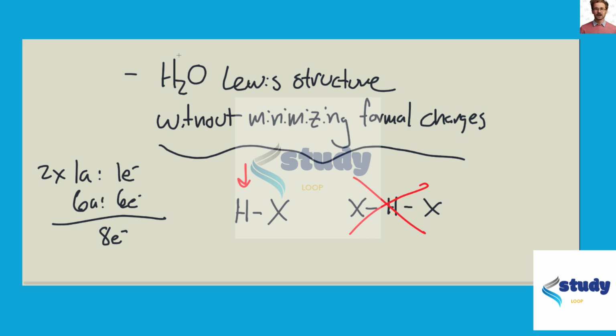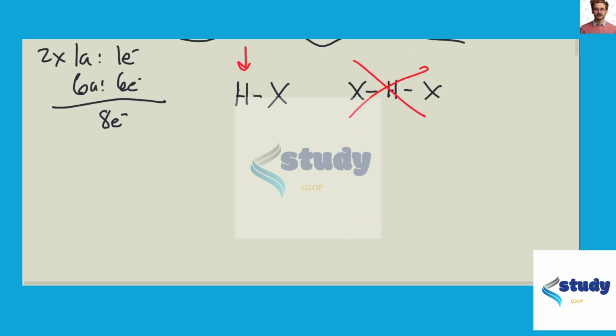Hydrogen can't be a central atom, it must be terminal. For that reason, we already know that at least the skeletal structure before we apply any lone pairs looks like this. We've got oxygen with a bond to hydrogen on one side and a bond to hydrogen on the other side, right? So this is just the starting point using what we know about hydrogen when it's in a Lewis structure.